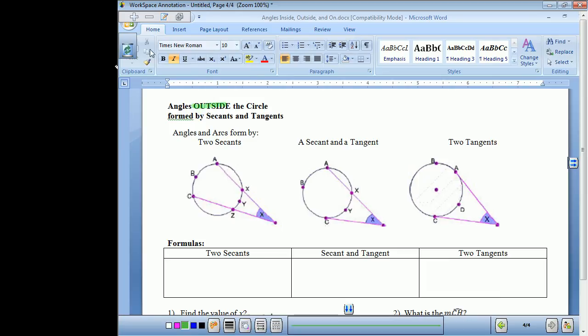Now, angles formed outside the circle are always half the difference of the intercepted arcs.